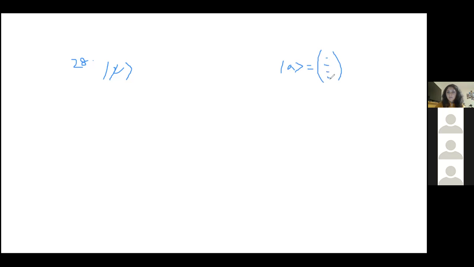So you have any number of dimensions, it's a column vector. So this is commonly used to represent a qubit state, and that is equal to square root 3/5 state 0.